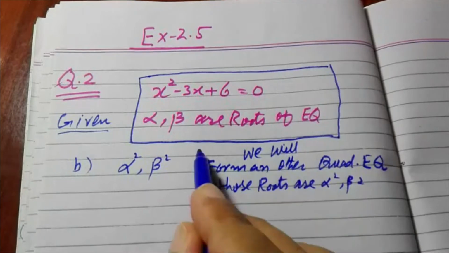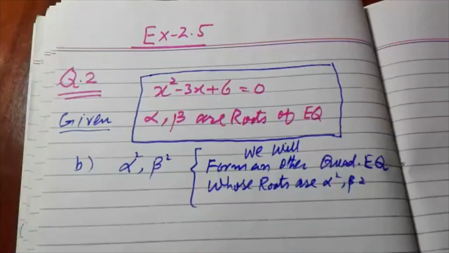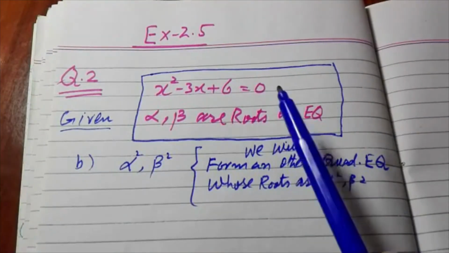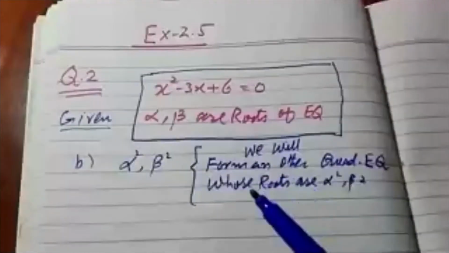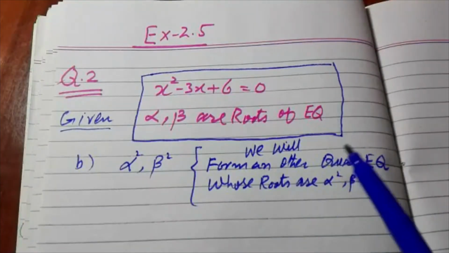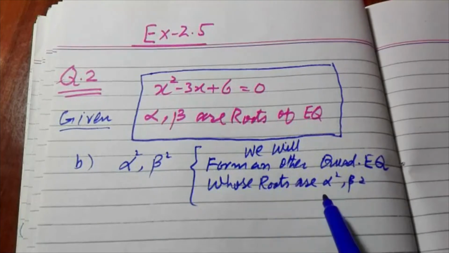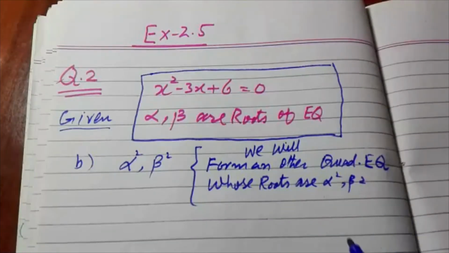This is the required task. We will use the given information and form another equation whose roots are alpha square comma beta square.